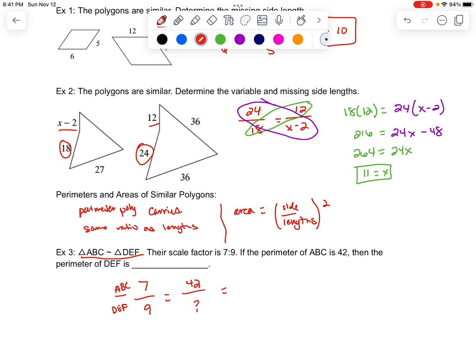So looking at this, I can see the other thing that sometimes you can see. Maybe you can't see the ratio of 7/9, but you can look at it from a different standpoint of, well, how do I go from 7 to 42? I multiply by 6. Well, that's going to hold true here as well. So your question mark is going to be 54. It doesn't give you any units.